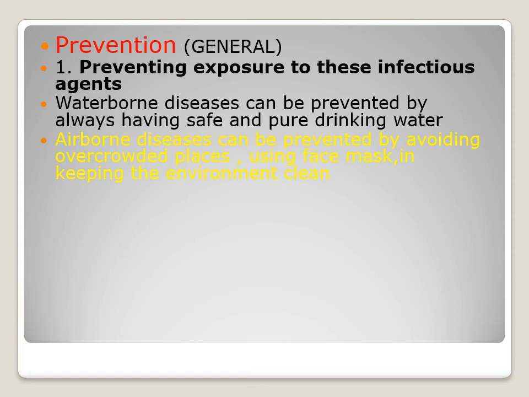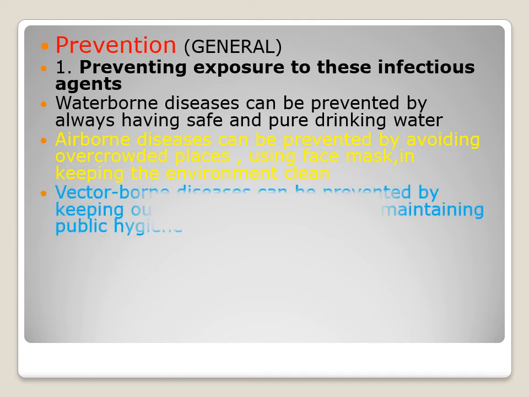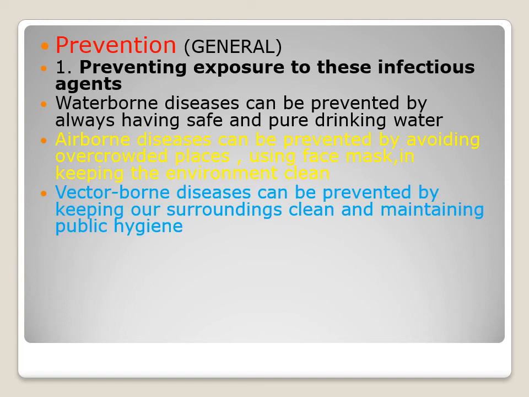Airborne diseases like COVID-19 can be prevented by avoiding overcrowded places, social distancing, use of face masks or face covers, and keeping the environment clean. Vector-borne diseases can be prevented by keeping our surroundings clean and maintaining public hygiene. Malaria is found in stagnant water.